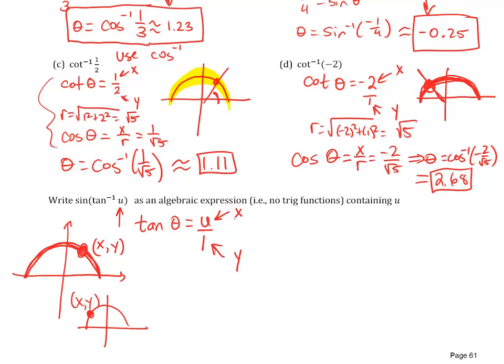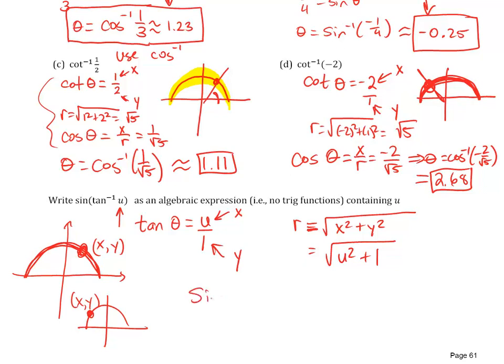So using the fact that tangent of theta by definition is x over y, we use these two values in the formula for R, which is the square root of x squared plus y squared, so it's the square root of u squared plus 1.